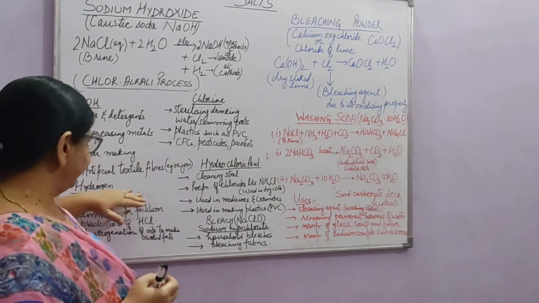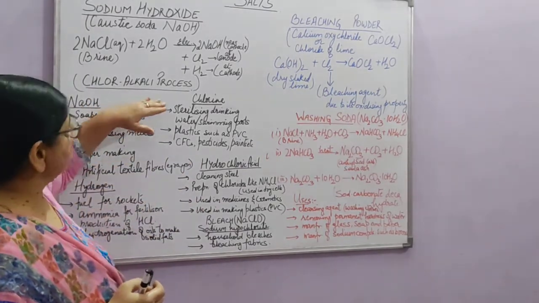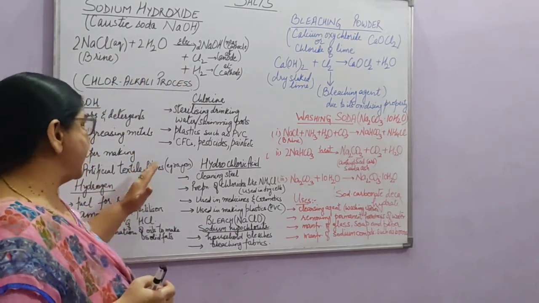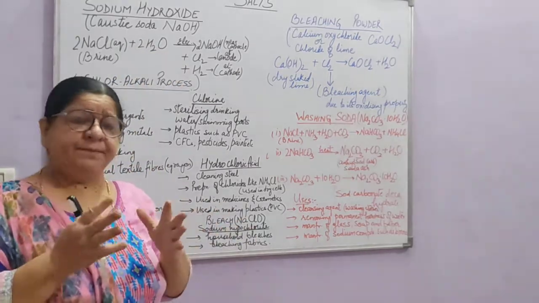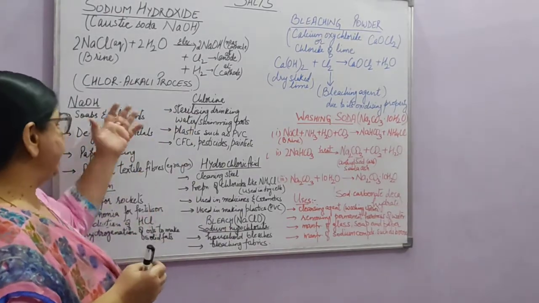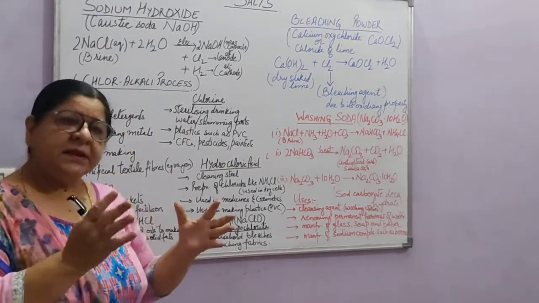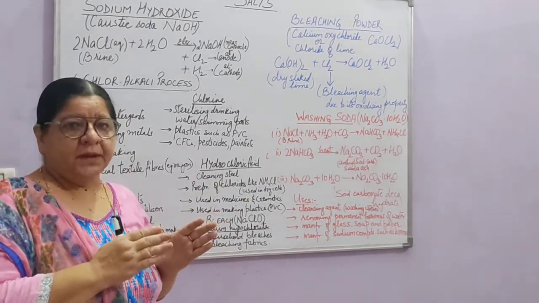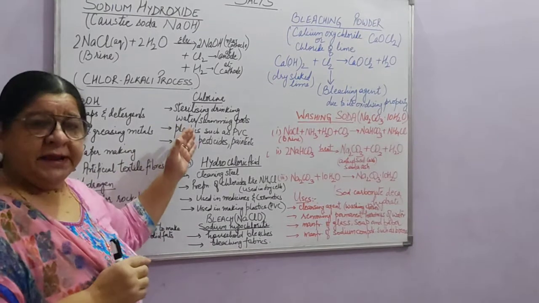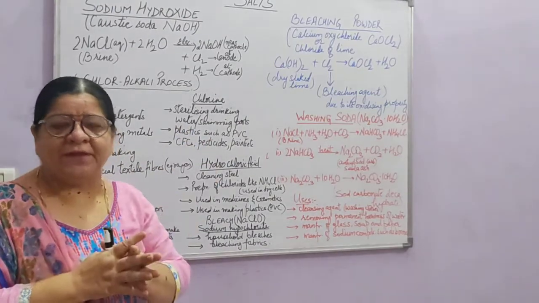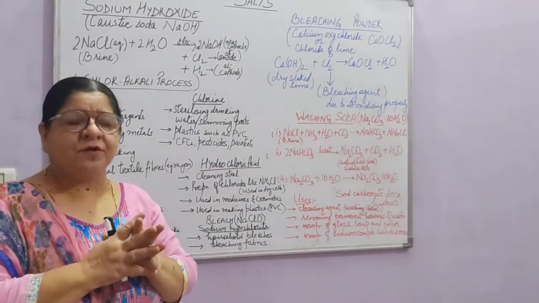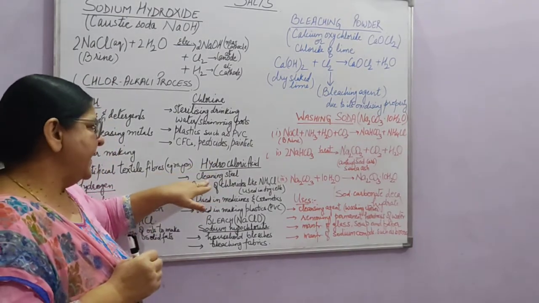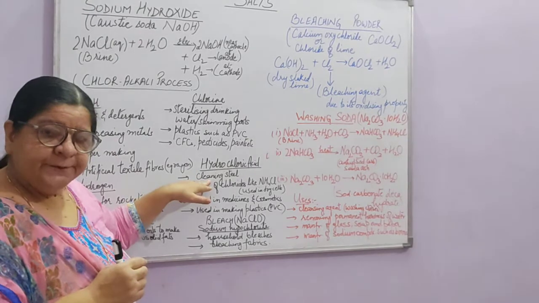Now the hydrogen and the chlorine produced during this process, all these three, NaOH, chlorine and hydrogen, are stored separately. Hydrogen and chlorine can be combined together to produce hydrochloric acid. And this hydrochloric acid is used for cleaning steel.